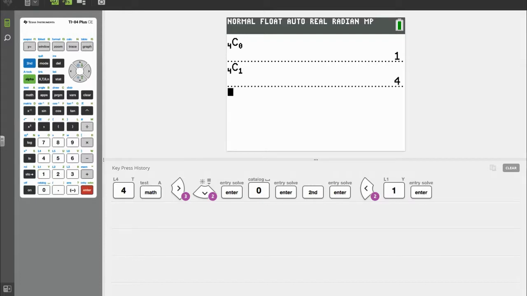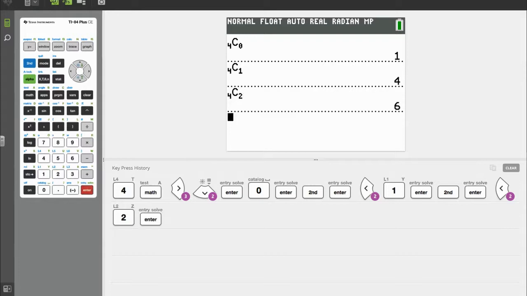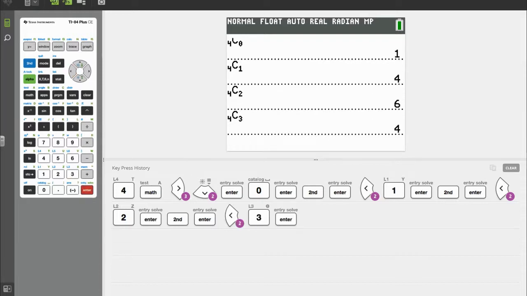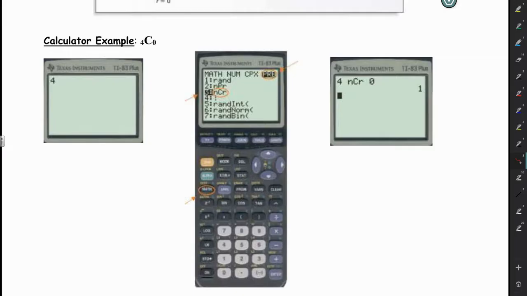It would be 4. If we want to see the next one, second enter, change this to a 2. It would be 6. Second enter. What's the next coefficient going to be? And then second enter. The last one should be 1. Remember, we always begin and end with 1s. All right, so let's go back to our notes.